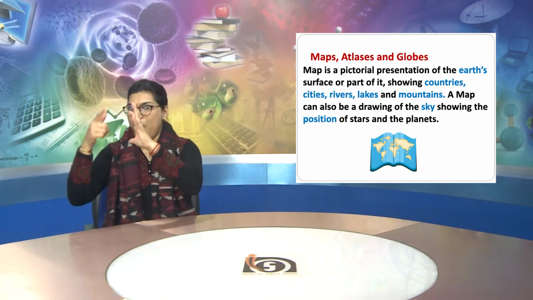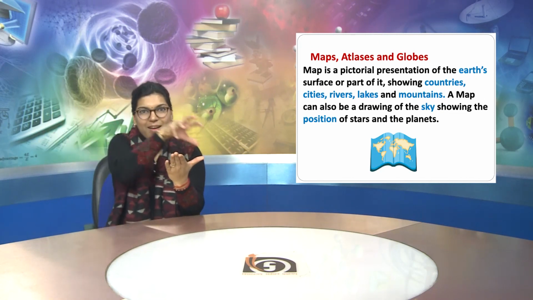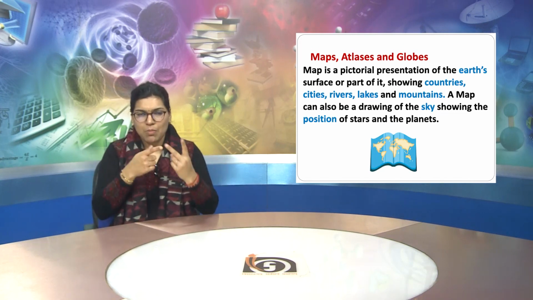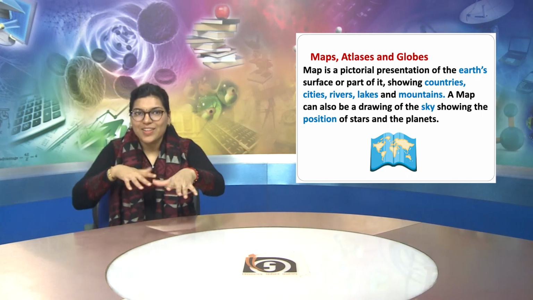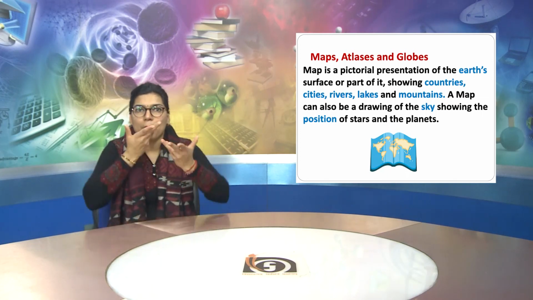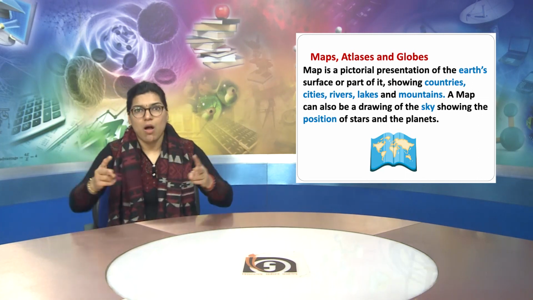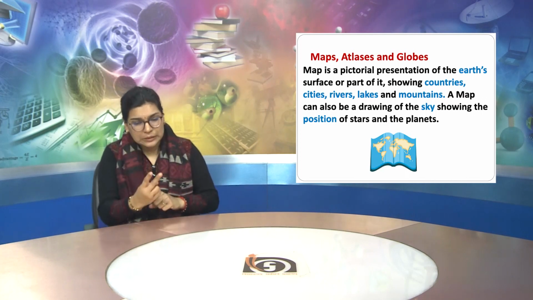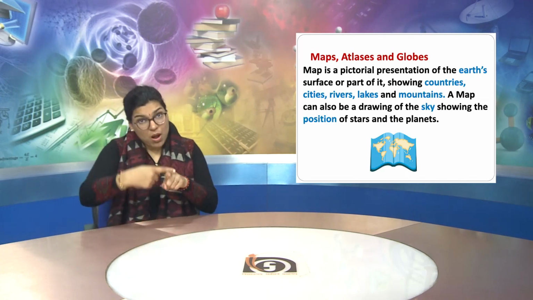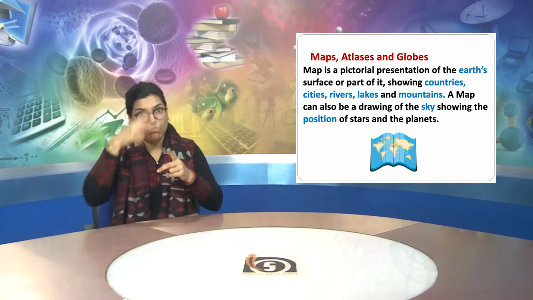A map is a pictorial presentation of the Earth's surface or part of it, showing countries, cities, rivers, lakes, and mountains. A map can also be a drawing of the sky showing the position of stars and the planets.